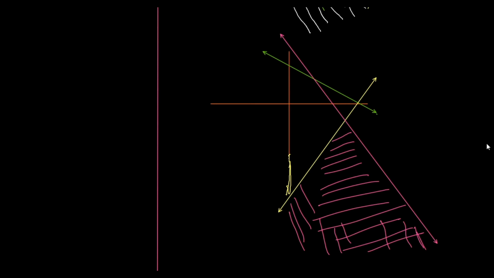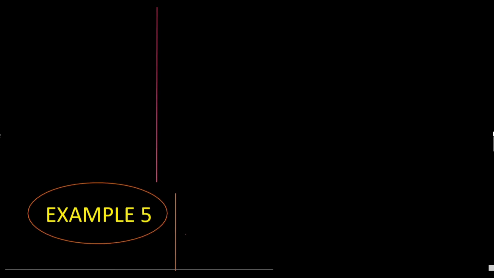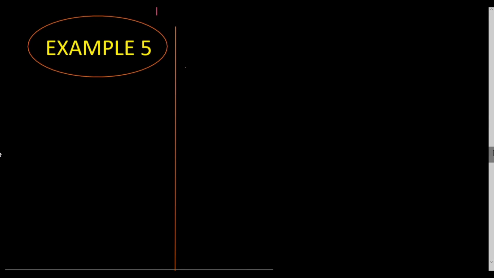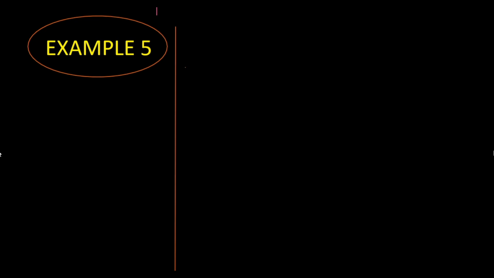The next example is a little different, but here we will solve 6 examples in total. After solving 6 examples, we will be able to understand how to graph inequalities. So the next example is 2x plus y less than or equal to 10, and x plus y less than or equal to 7.